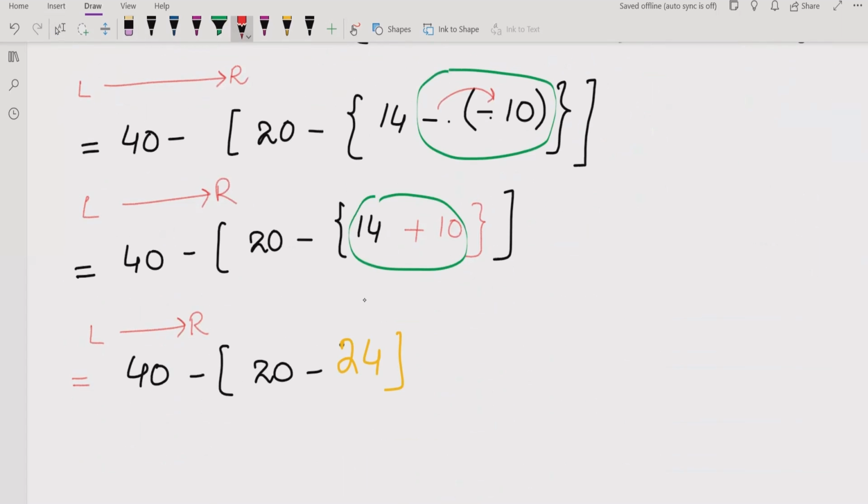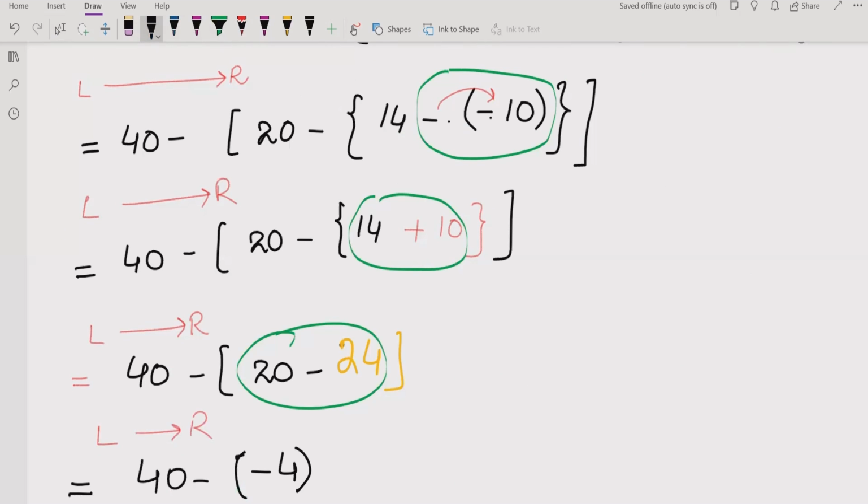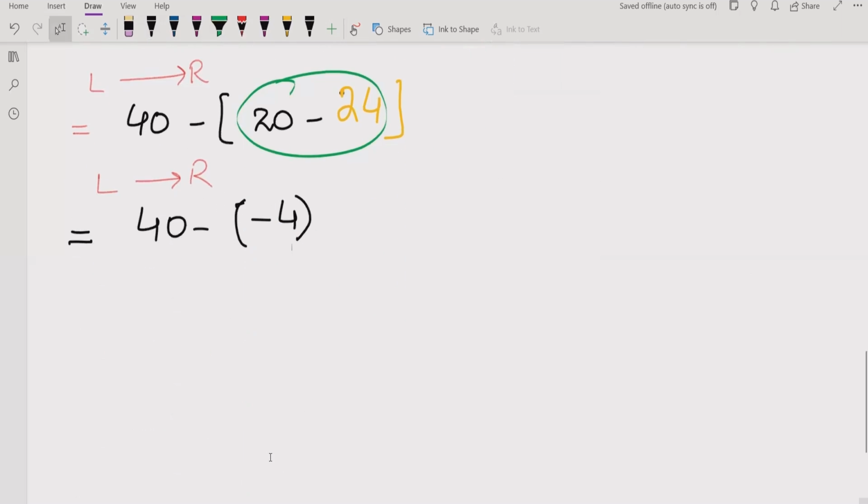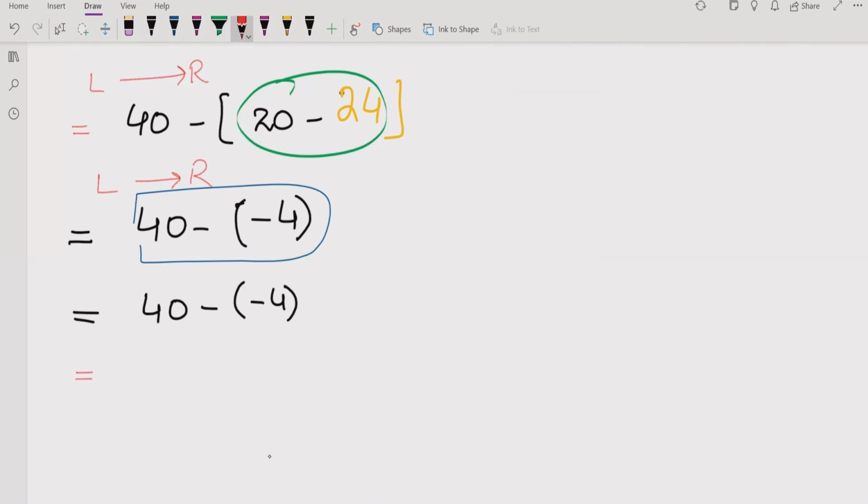Now we move forward left to right, and again we have 40 minus, and we solve this expression first. 20 minus 24, we get minus 4 here. Now 40 minus minus 4 becomes 40 plus 4, and after solving this expression the answer is 44.